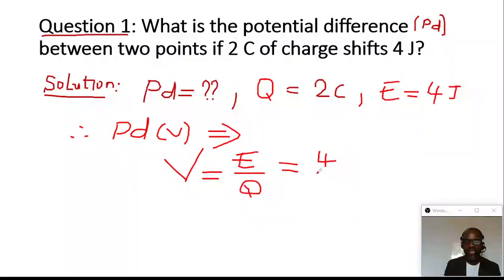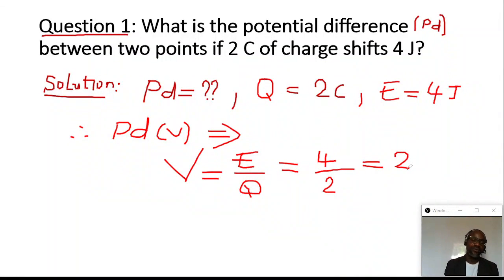Good, this is better. Then over, the value of charge is just 2. So by the time 4 is divided by 2, we have what?